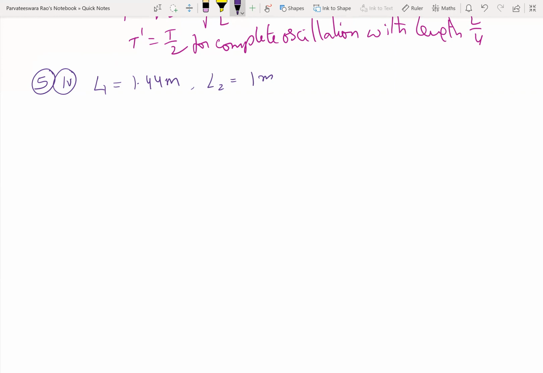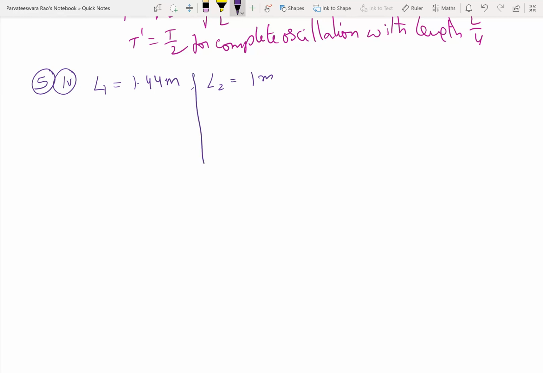After how many oscillations do they swing together?